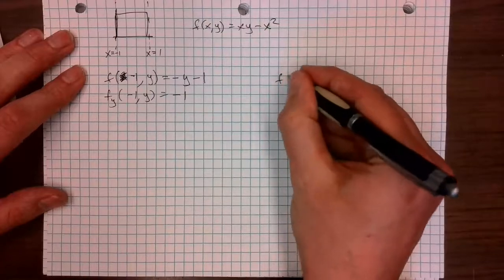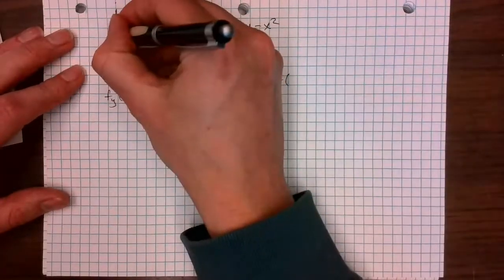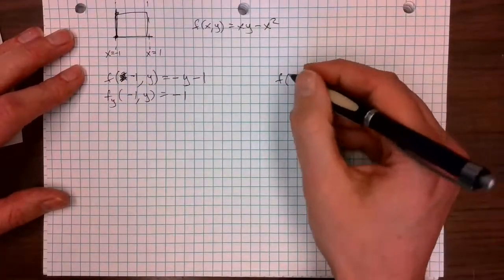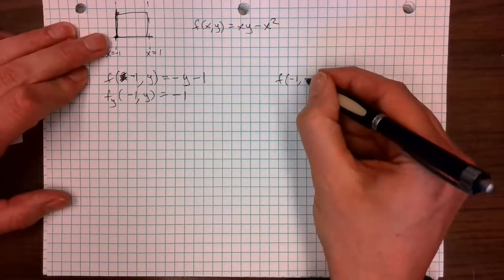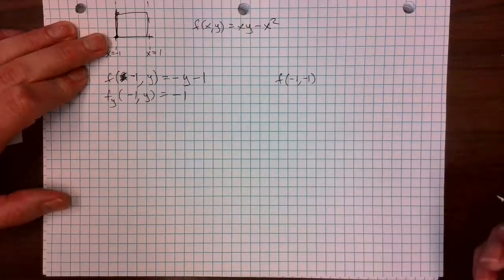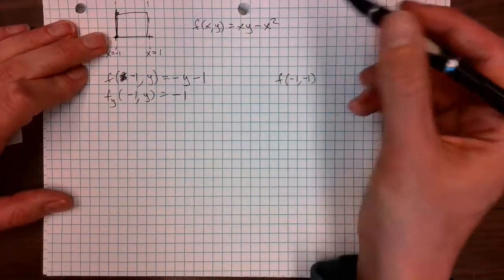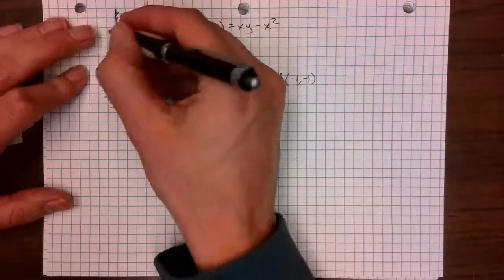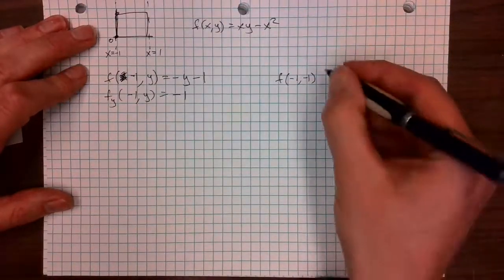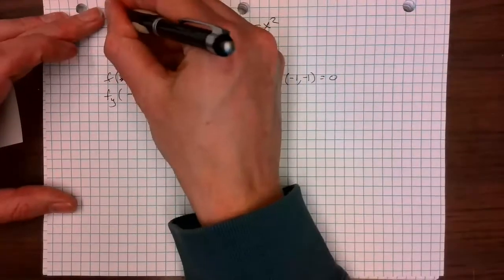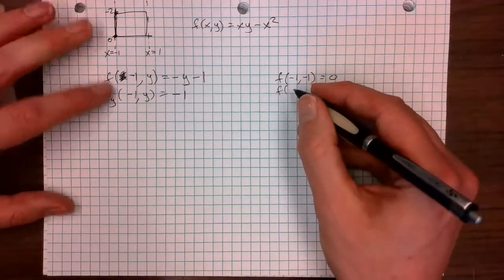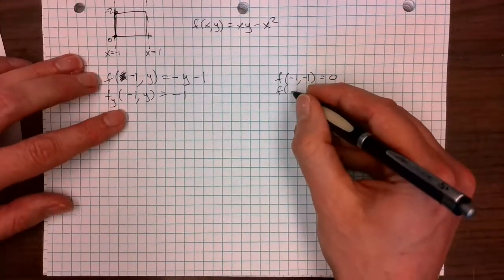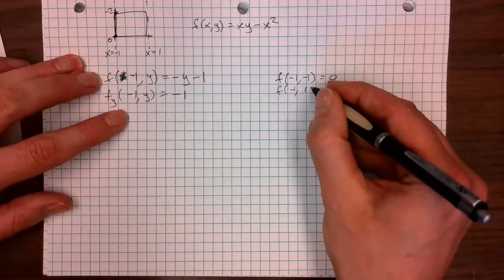So I'm really just looking at the endpoints, meaning I look at f with -1, -1. And we actually did that already. This was 0 over here, and over here it was -2, when x was -1 and y is 1.